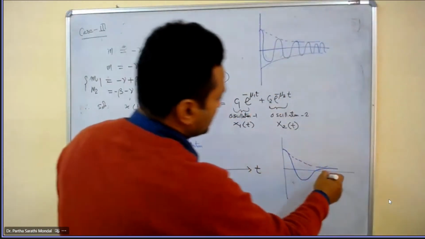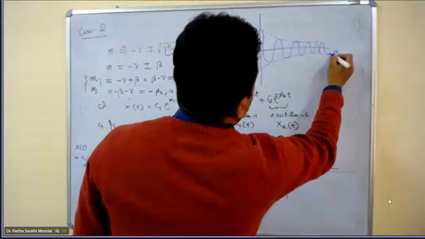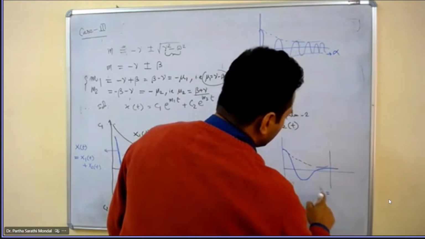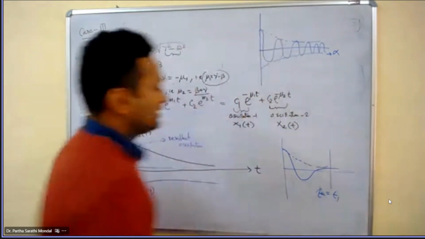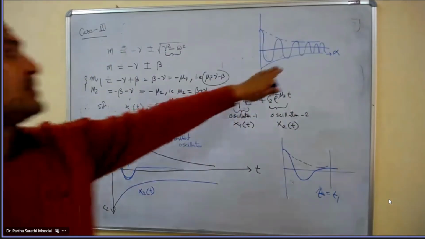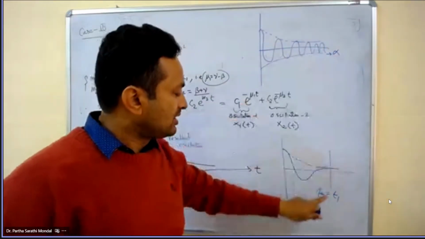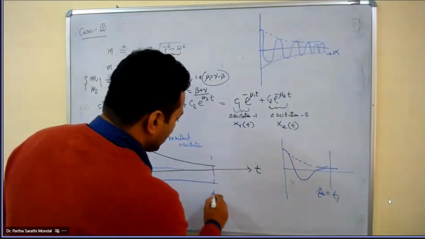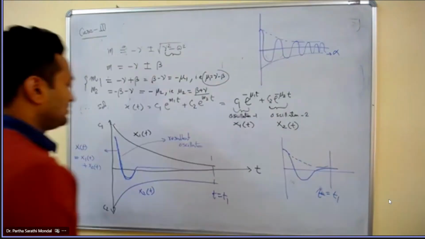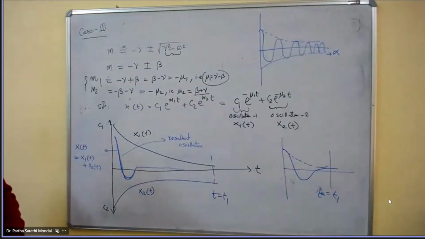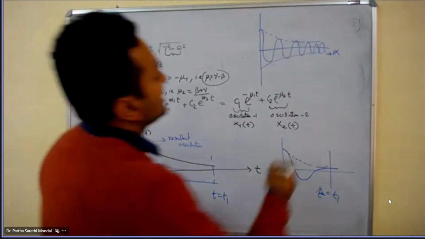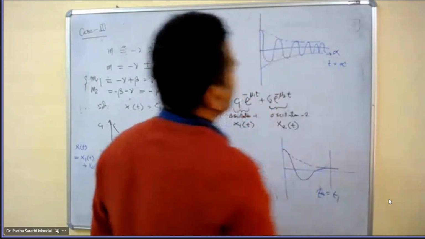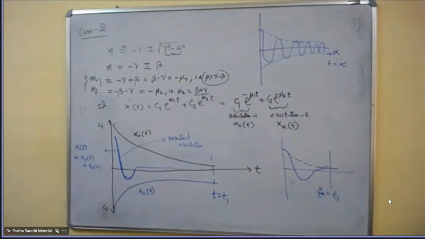It's not like that, it is getting to zero very fast somewhere at t equal to t1. In the overdamped case, it's up to infinity to get to zero. Okay, the oscillation will die out very fast. But if I want to make the oscillation exactly zero, you have to go up to t equal to infinity. Otherwise, it will not be zero.